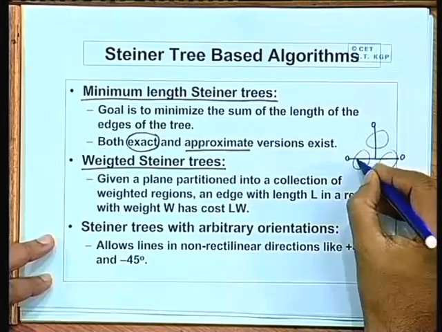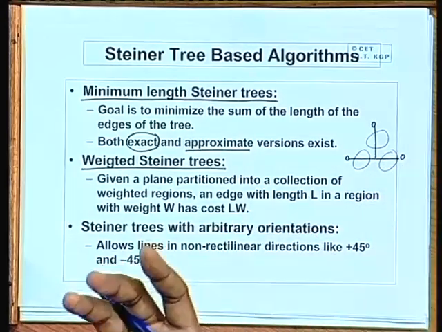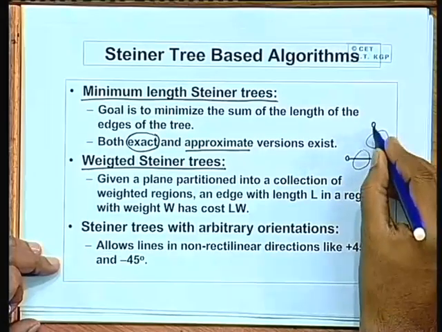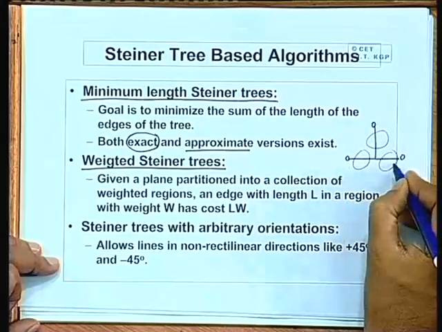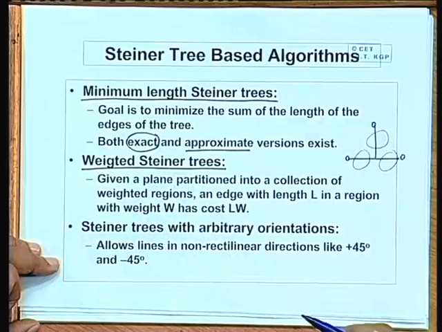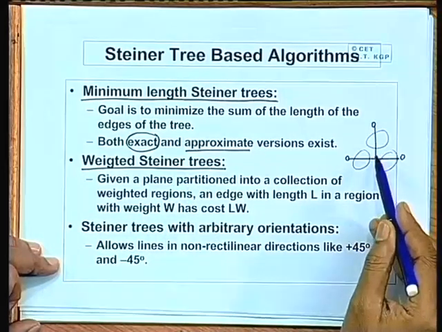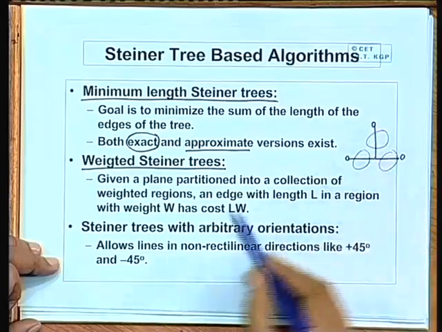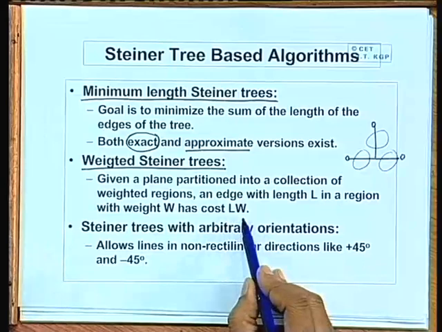Now, these different routing regions may have different costs with respect to the area available for routing. So accordingly you can define some weights of the different edges of the Steiner tree. In that respect you can even talk about a weighted Steiner tree and try to minimize the cost of the tree. The length is L and the weight is W. So, the cost of that edge will be L into W.